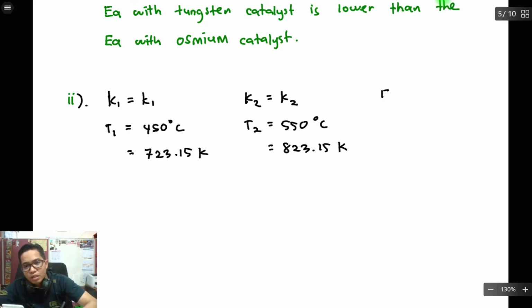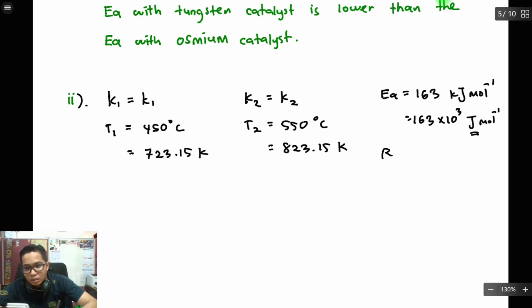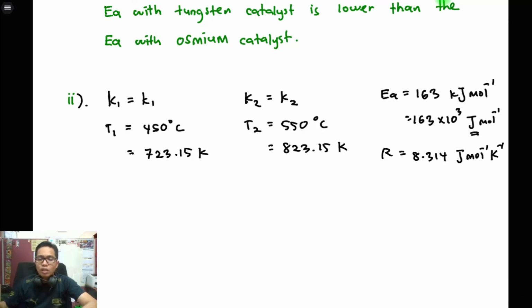So given the EA is 163 kilojoule per mole. So in joule, 163 times 10 exponent 3 joule per mole. Kenapa dalam unit joule? Sebab R dia 8.314 joule mole minus 1 Kelvin minus 1. That's why saya tukar unit semuanya dalam unit joule dengan Kelvin.